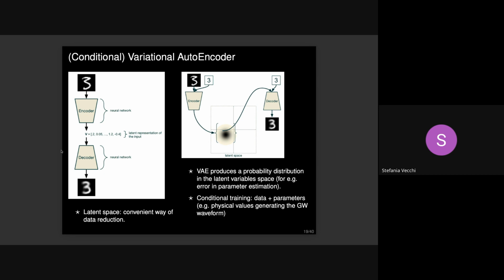The conditional part means that you can not only feed in the image, but actually the parameter that is behind the image. So this is the image of the number 3, and this is the 3 parameter, right? And then the latent space, we can imagine, is not just a kind of anonymous vector, but a distribution. We can think about it as some kind of a posterior distribution, let's say.